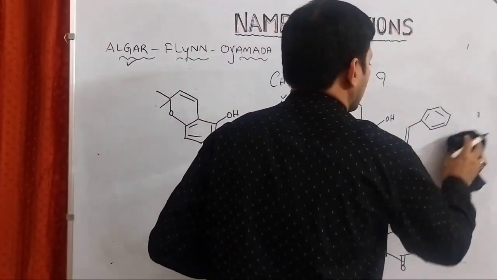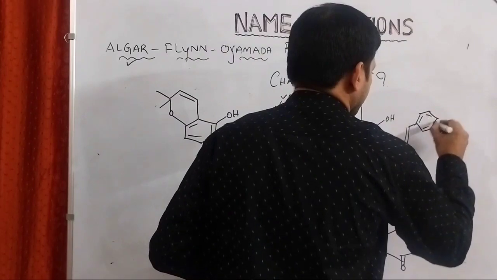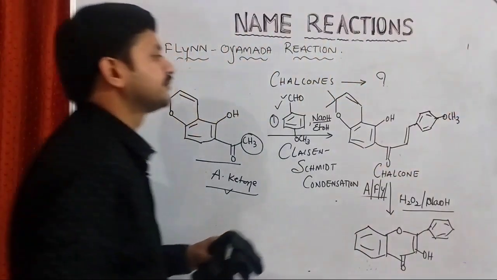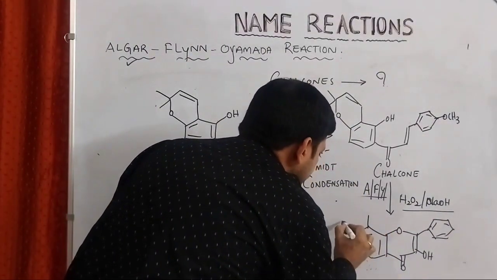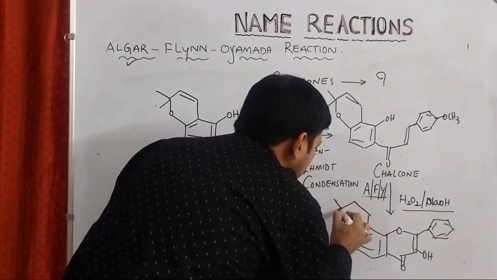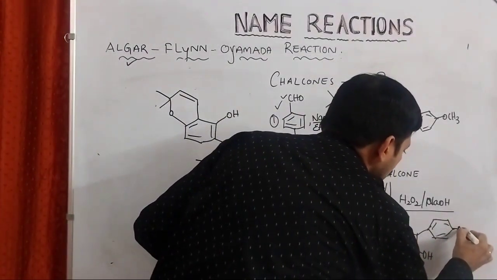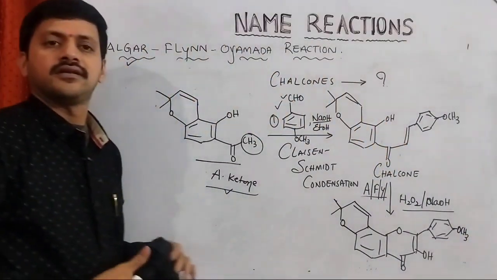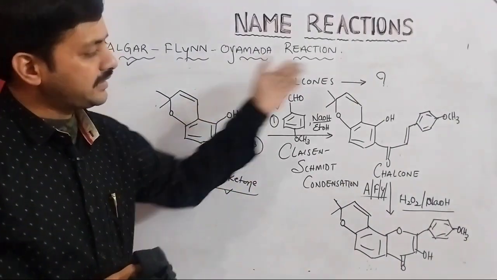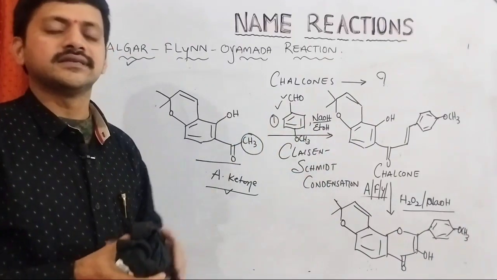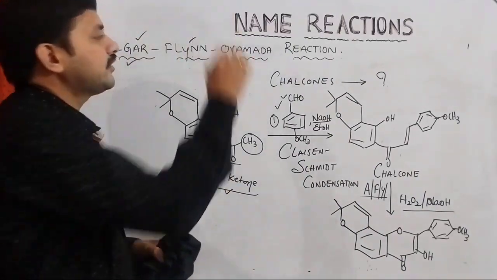For your convenience, I am writing this one in this way. OCH3. This is subjected to the Algar Flynn Oyamada reaction. You will come up with what? This is one of the important examples in the examinations. Here OCH3. It's very simple. If you remember the first example, based on the first example, you can easily identify the products in the second example or second application. This is all about the Algar Flynn Oyamada reaction.